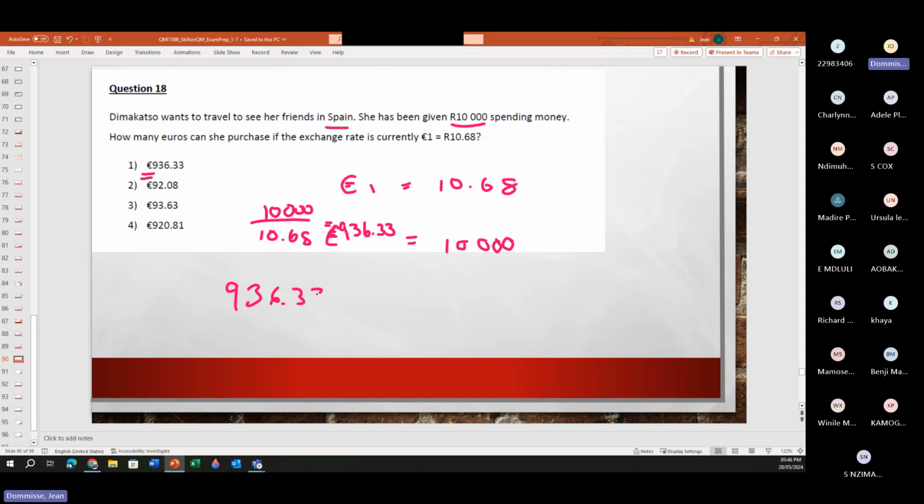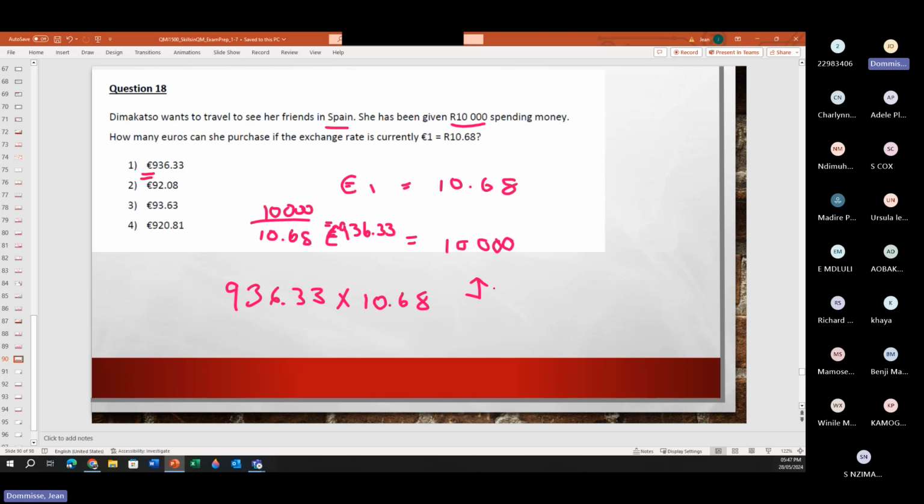So again, you can check your answer. If we multiply 936.33 by 10.68, you are supposed to get a number close to 10,000. When we round it off, it is 10,000.0044.